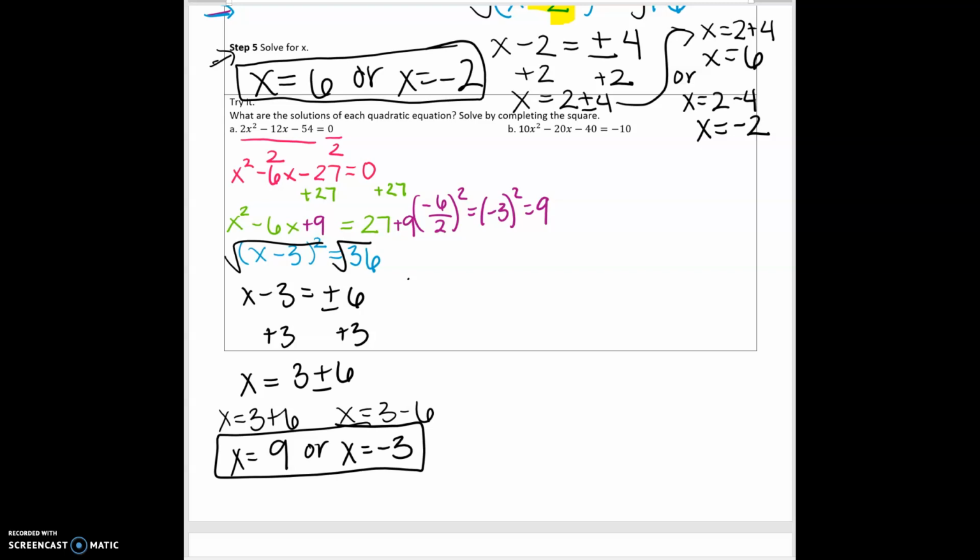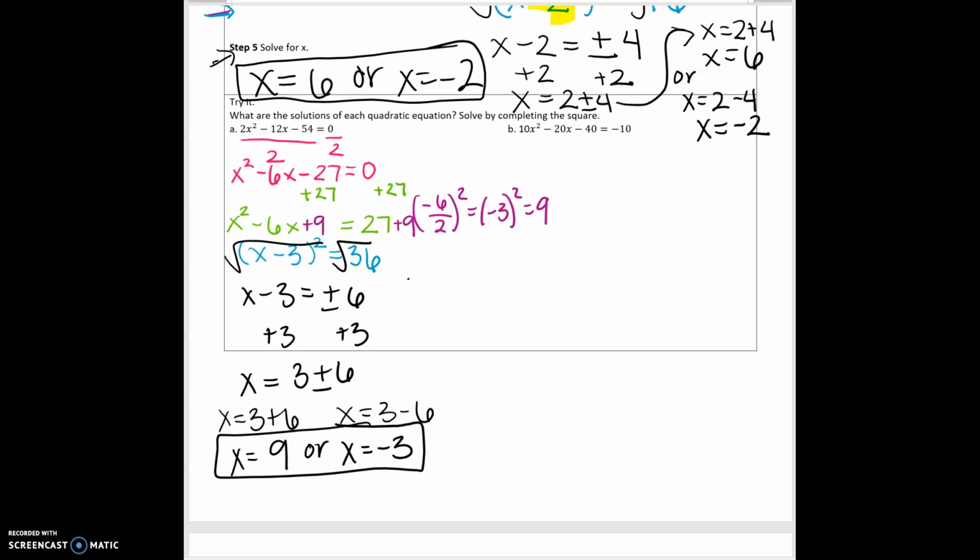So the first step was divide by 2 on everything. So again, we're dividing by the number that's in front of the x squared. And then when we do that, we are left with x squared minus 6x minus 27 equals 0. Then we need to get it in the right form, so we're going to add the constant, the one without the x, to both sides and leave a space. And then we're going to do the b divided by 2 squared, which in this case is 9.